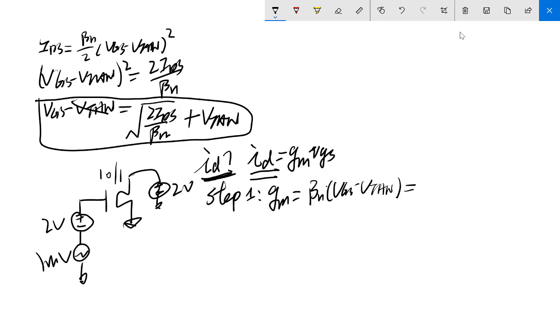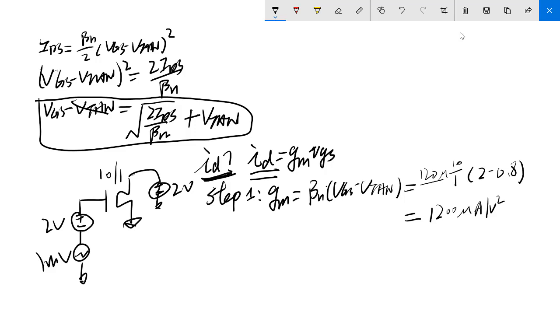Beta n will be 120 micro times 10 over 1, and 2 volts minus 0.8 volts. This equals 1200 microamps per volt squared, which is the unit of the KPN.